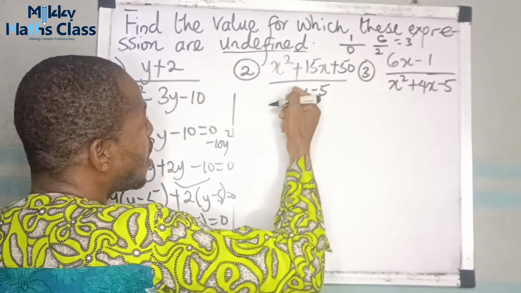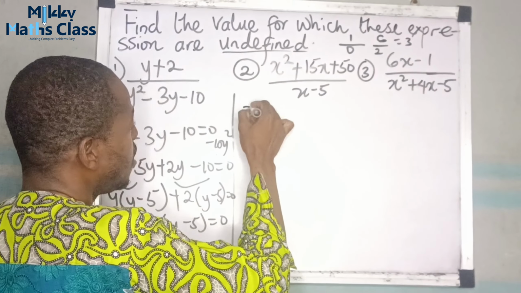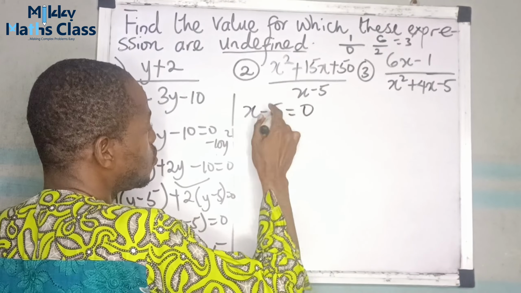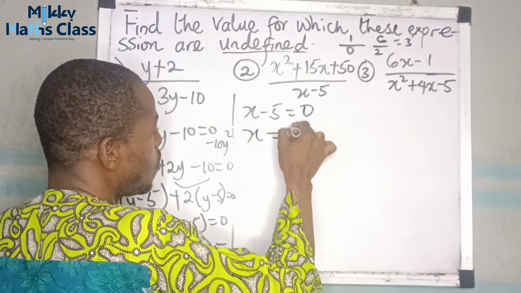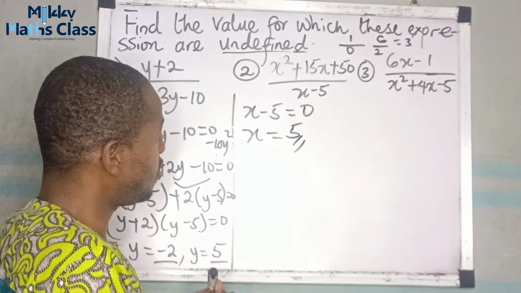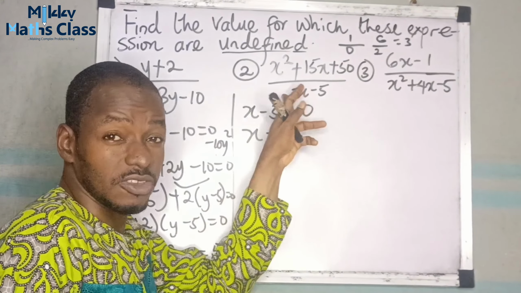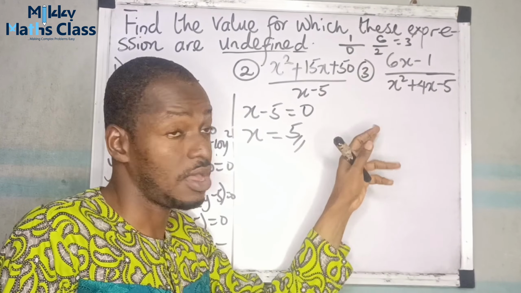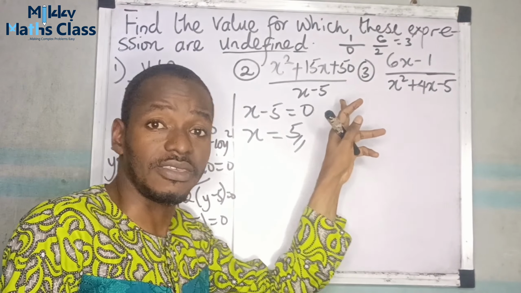All right, let's look at the second one. It's pretty easy. x minus 5 equals 0. It's a straightforward one. x equals 5. So the expression is undefined when x equals 5, because 5 minus 5 is 0, and you can't divide anything by 0.